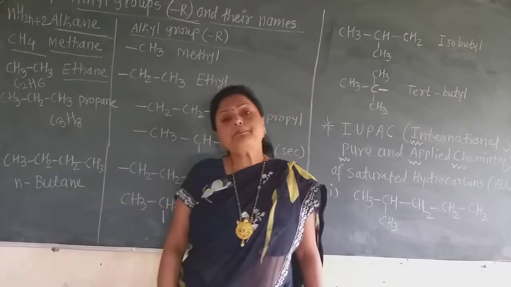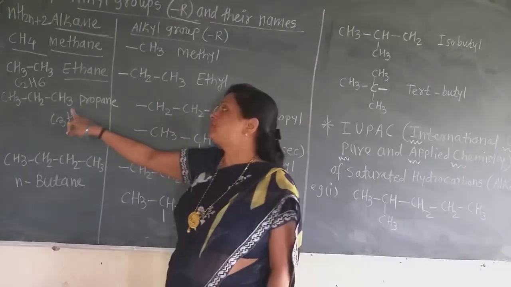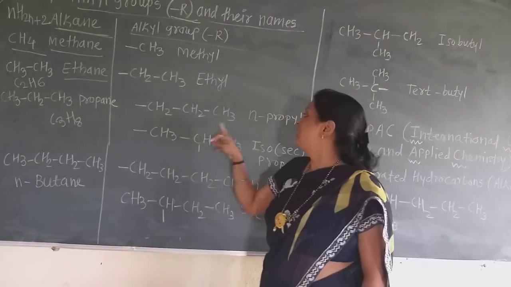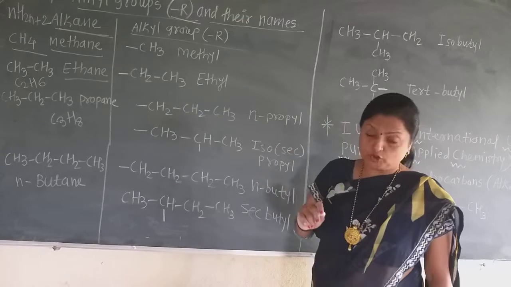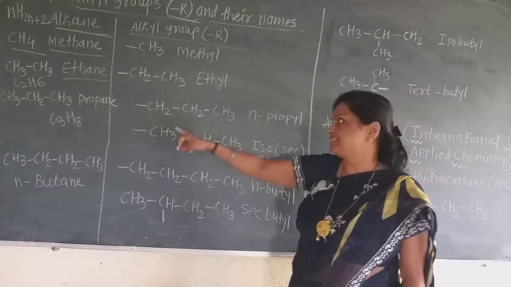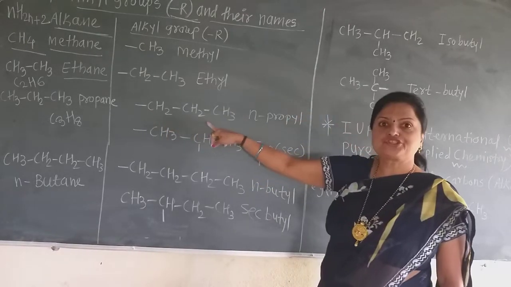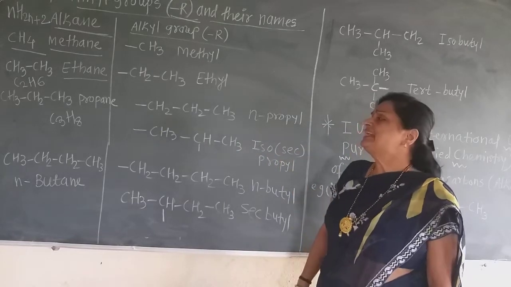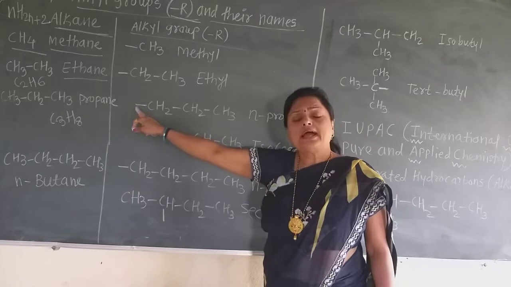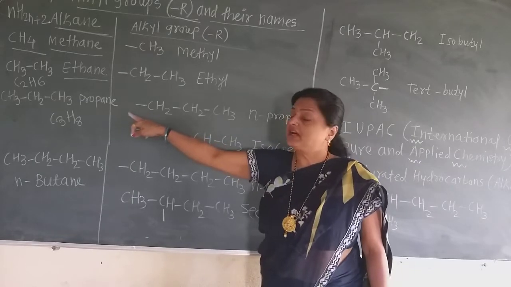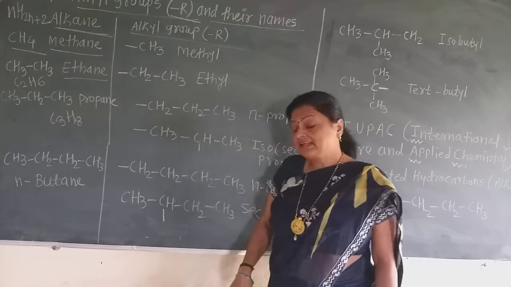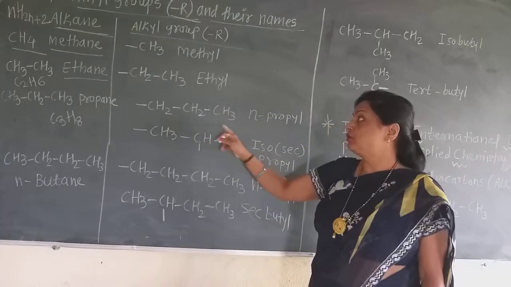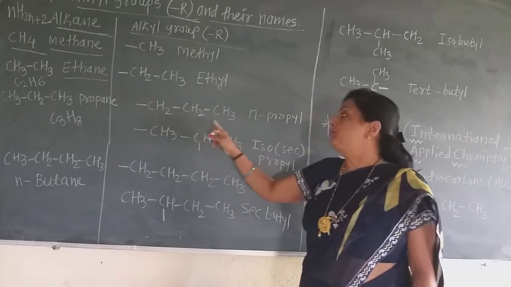Now if we replace the hydrogen atom of the ending carbon atom, then we obtain the n-propyl group, normal propyl group. This is dash CH2, CH2, CH3, called the n-propyl group. If there is a halogen atom attached to this, suppose that is chlorine, then it is n-propyl chloride, normal propyl chloride, because this is the normal propyl group.